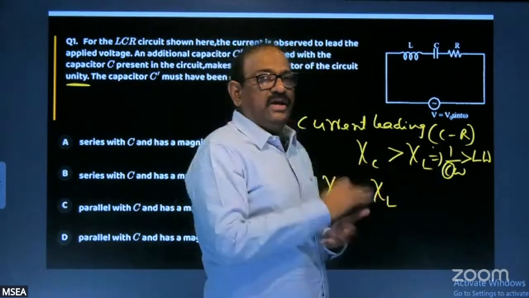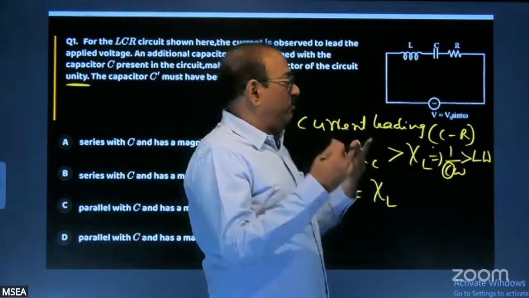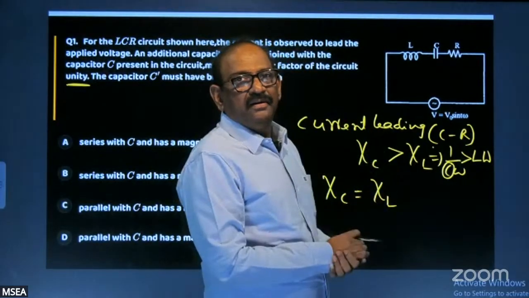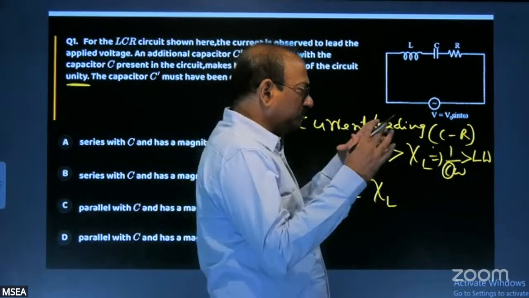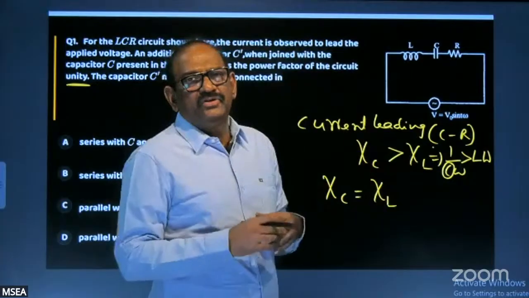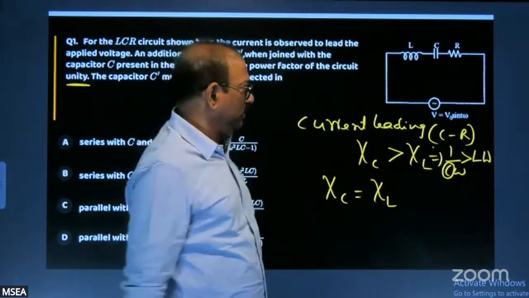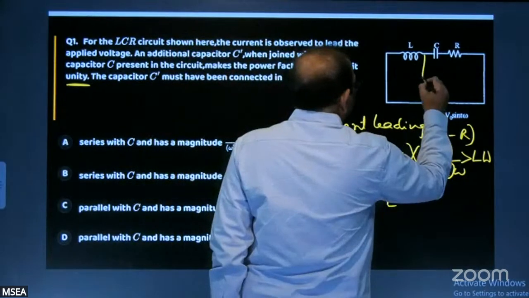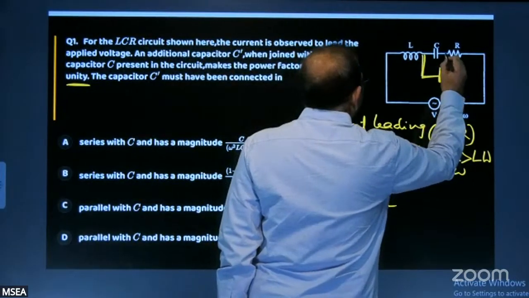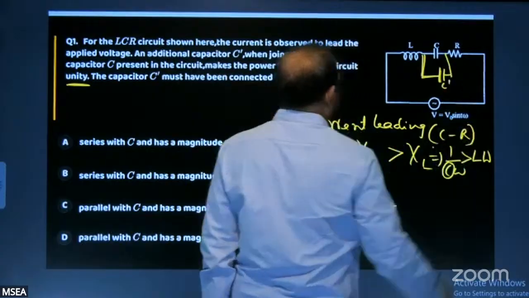By connecting another capacitor. Should we connect it in series or parallel? Parallel. If you connect two capacitors in parallel, the effective capacity becomes C1 plus C2. So another capacitor C dash is connected here in parallel.